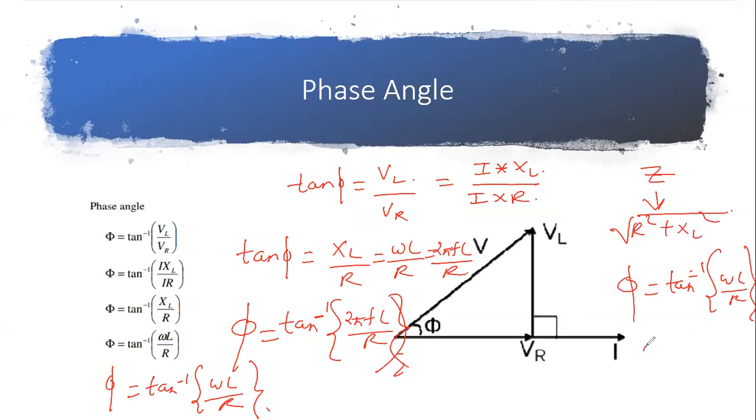Omega is equal to 2 pi F. If it is not given, you can directly take it as 50 Hertz. So if you have the values of R and L, you can find the impedance of the circuit, the phase angle between voltage and current, and the other unknown parameters.